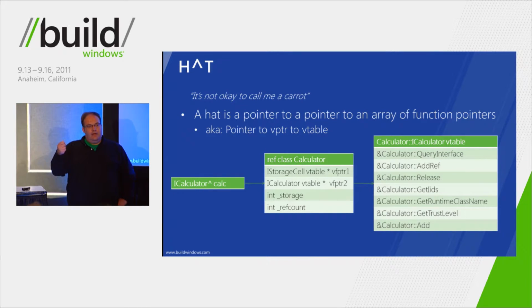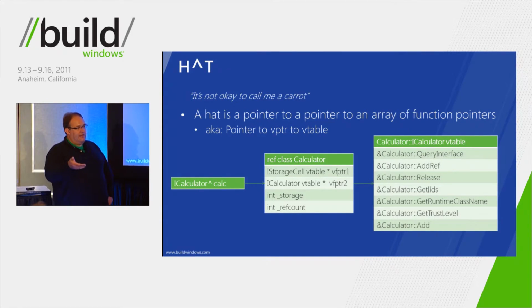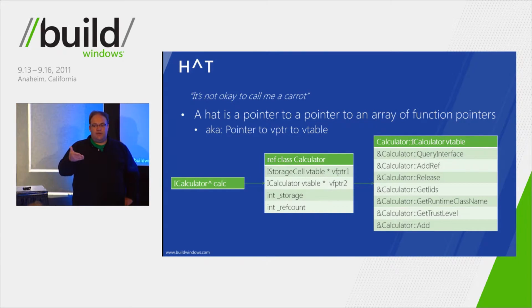calc_dll.calculator. JavaScript then says, OK, which WinMD file inside the system has the namespace calc_dll? And Windows 8 has an API for that. So Windows 8 will tell it it's inside calc_dll.dll. So it loads up calc_dll.winmd. It loads up that WinMD file and says, OK, where's my add function?